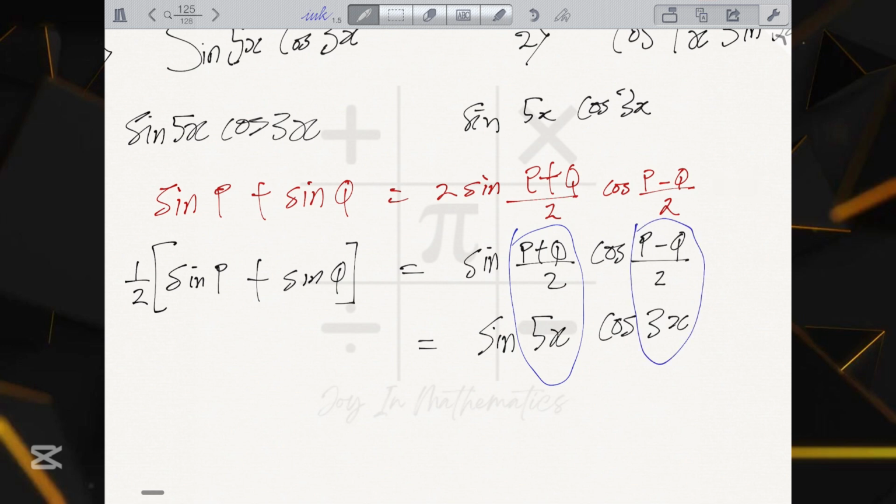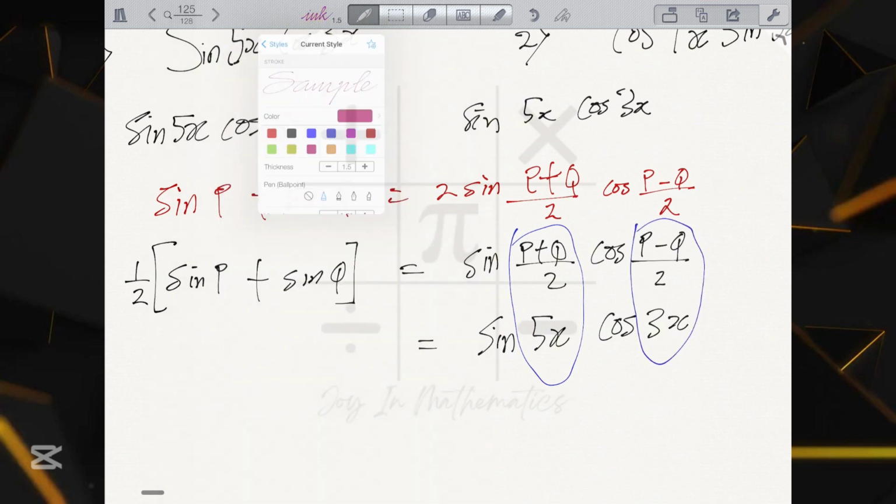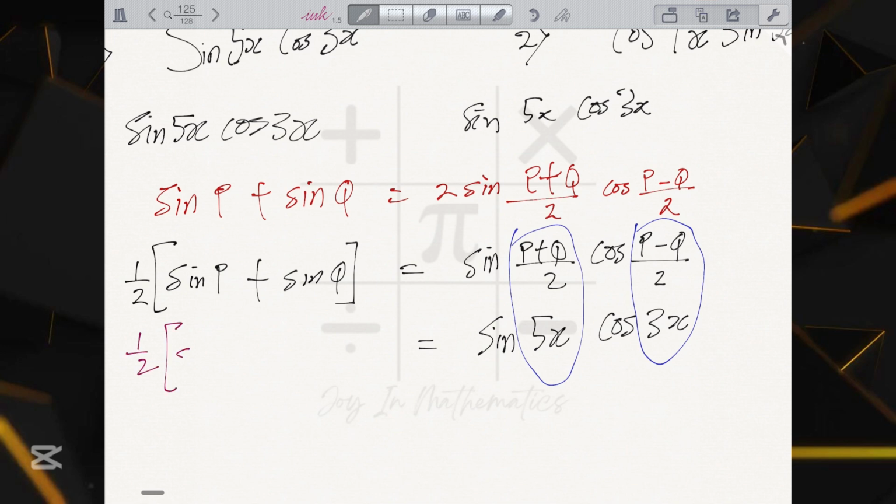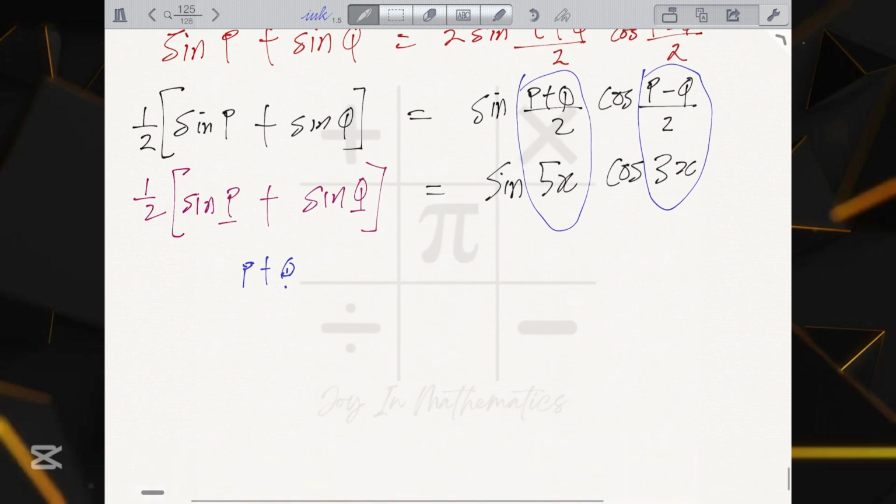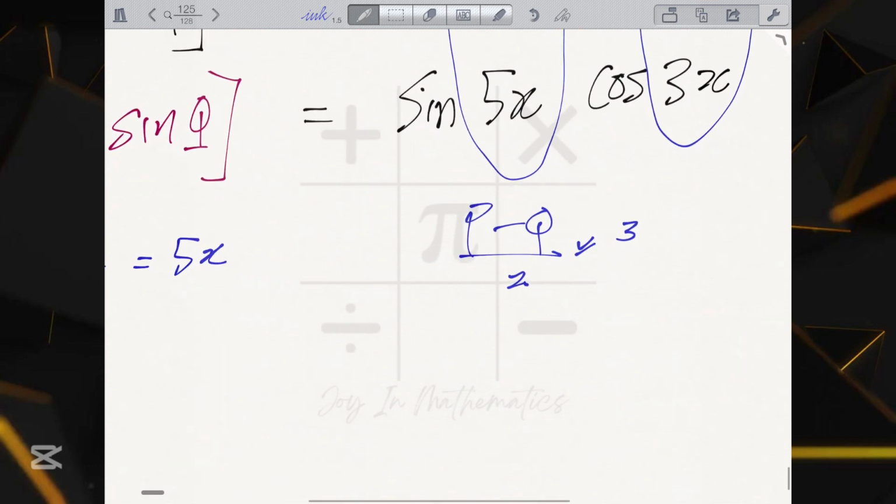And all we just have to look for is the expression of 1 over 2 sine P plus sine Q. So therefore, we are looking for P and Q. So let's rewrite. From here, we have that P plus Q divided by 2 is equals to 5x, and P minus Q divided by 2 is equals to 3x.